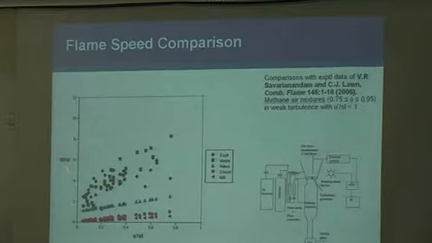The blue dots are the experimental data, the green dots are from the current model, and these are from the previous models, again with the same constant. Why do you have such strong fluctuations in the model, actually? Good question. It's because the length scales are different. So the model will respond to the change in the length scale as well. Okay.